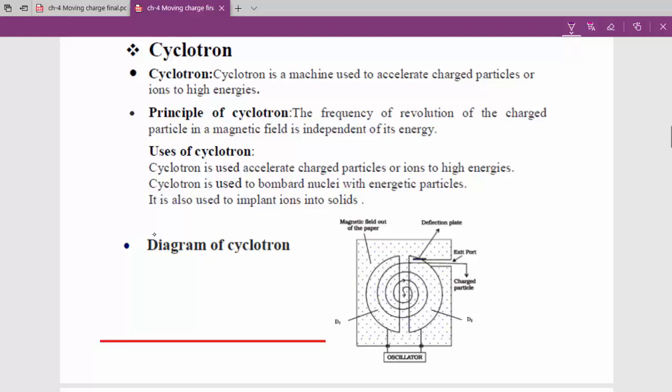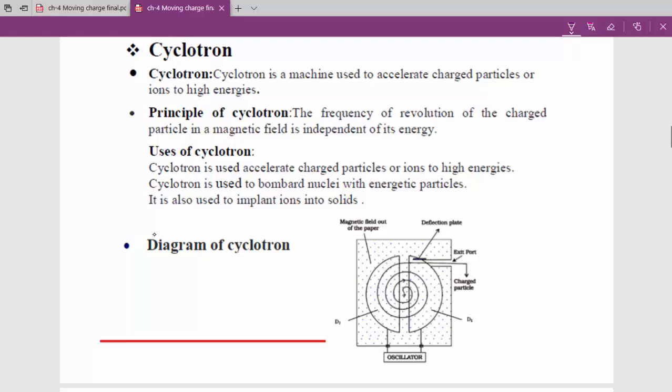In the same way, the cyclotron is also a gun and the charged particle in that cyclotron is a bullet. The charged particle comes out with high energy.